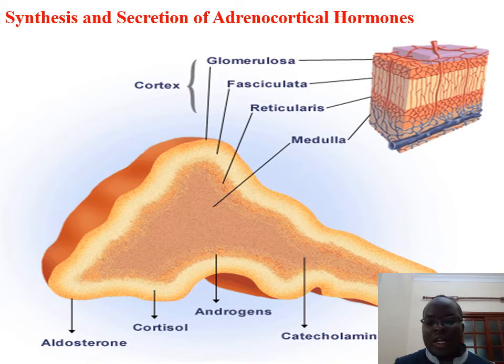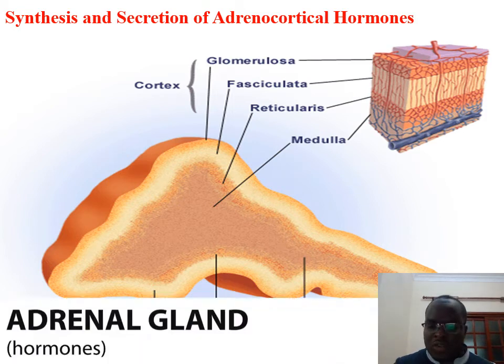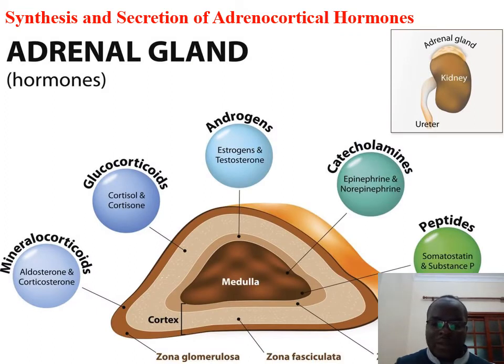The adrenal medulla produces catecholamines, as you can appreciate here. It's the same information in this slide. You can see the different portions of the adrenal gland. The cortex is divided into the zona glomerulosa, which produces mineralocorticoids, for example aldosterone, and a bit of corticosterone as well.